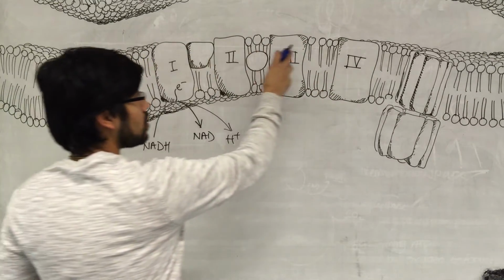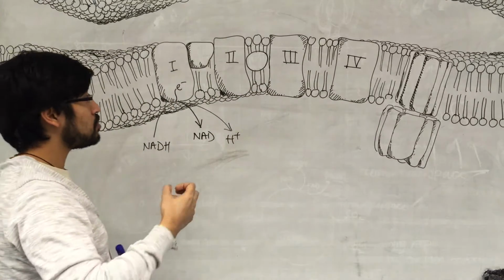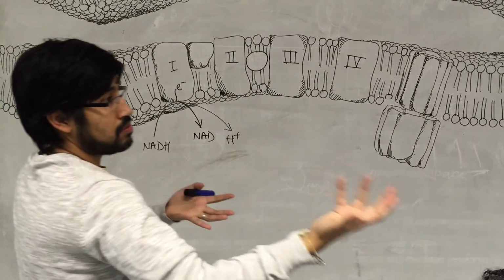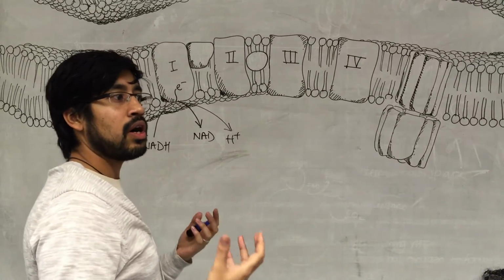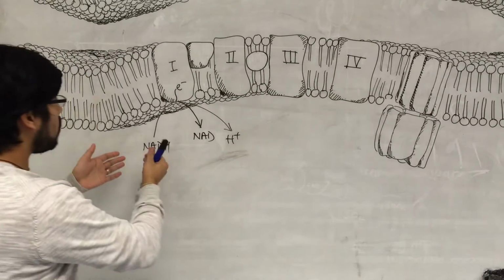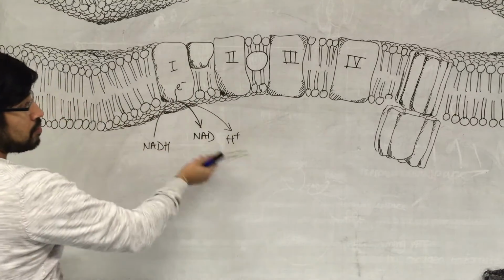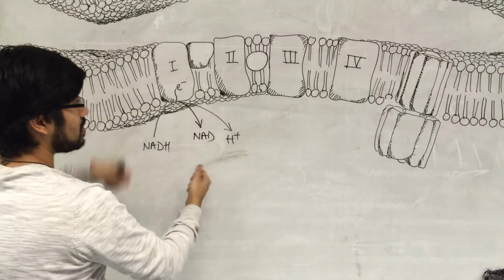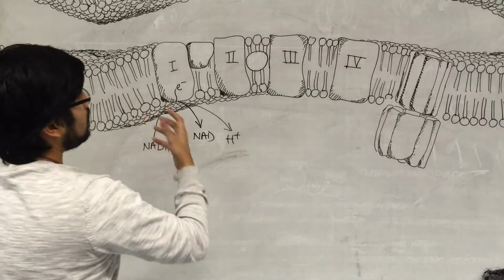A series of proteins that have prosthetic groups that allow them to accept electrons and donate them to something that's got a greater pull on those electrons. So NAD delivers its electron here, and the proton gets delivered into the matrix here.